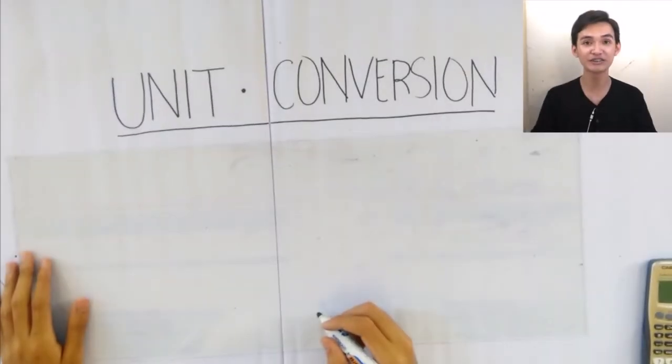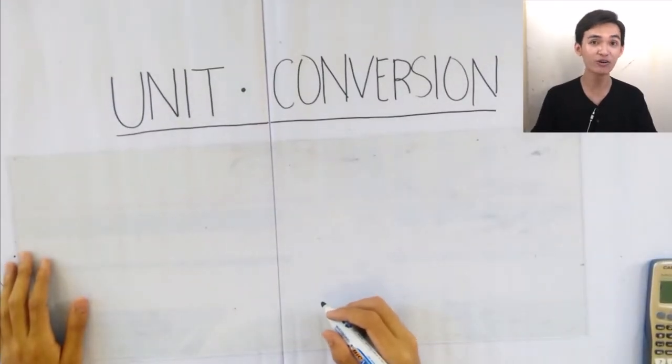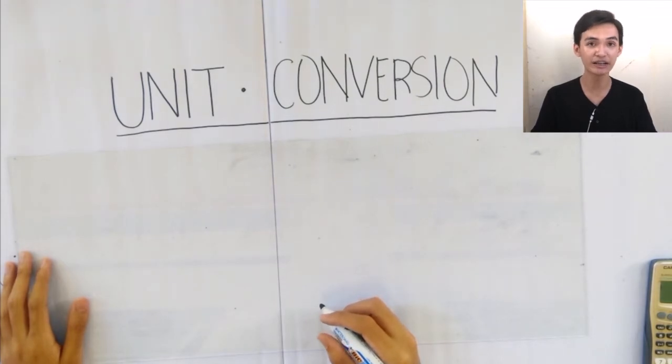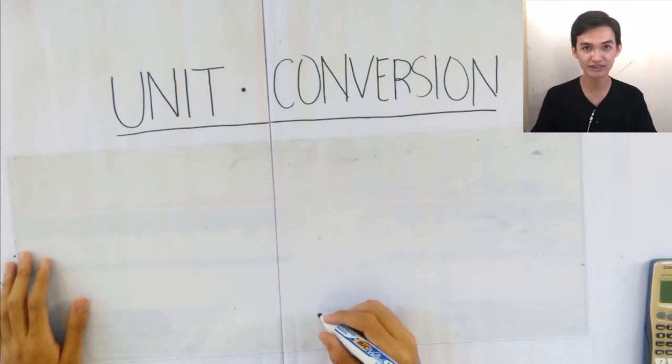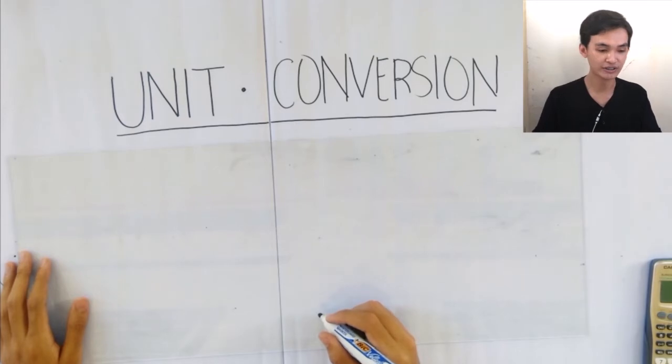And that is how to convert units with a direct conversion. But not all the time do units have a direct conversion to another unit. And right now we will discuss how to convert with multiple conversions.